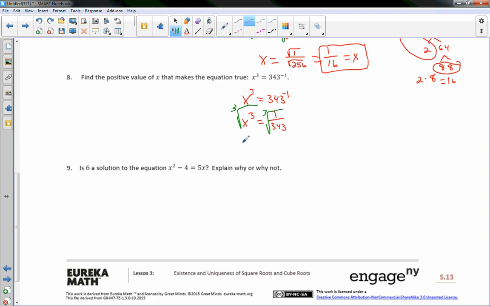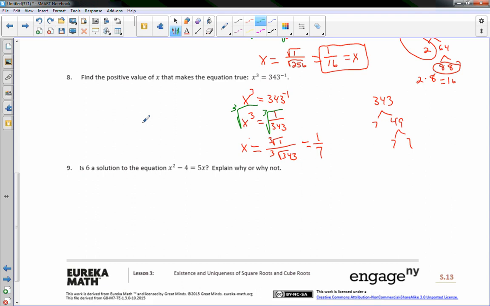And that's going to leave me with x equals the cube root of 1 over the cube root of 343. Well, the cube root of 1 is 1, and 343 is 7 times 49, and 7 and 7 from earlier. I have three 7's, so my answer is 1 over 7.